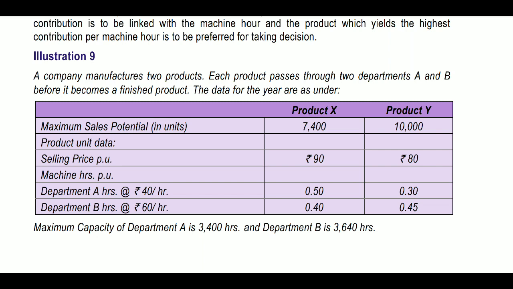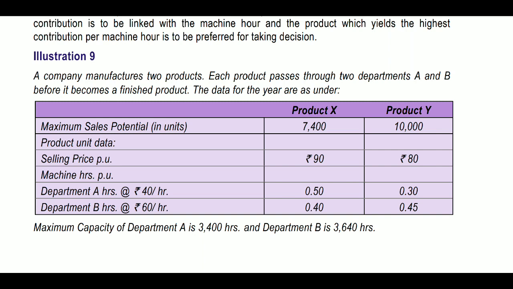Maximum sales potential: product X is 7,400, product Y is 10,000. Selling price per unit is 90 rupees and 80 rupees. Machine hours: department A hours cost 40 rupees, product X will be 0.5, product Y will be 0.3.